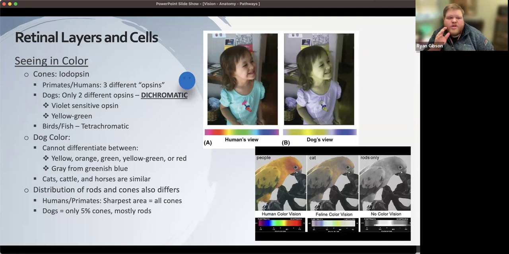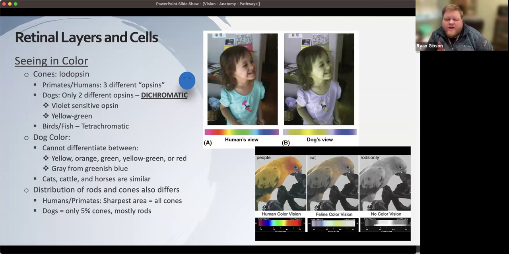All right. And so where we have the sharpest differentiation of color, ours is all cones. All right. We have a lot more cones than dogs do per retinal square inch, if you will. Dogs only have 5% of cones. So what color they do have, they're not contributing a lot of effort to color, right?